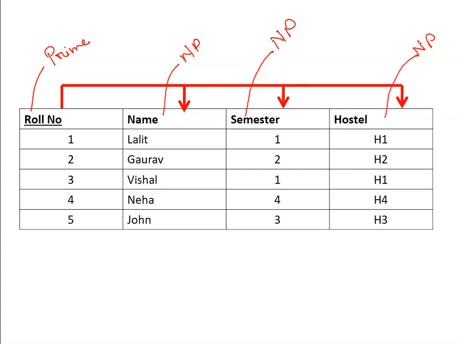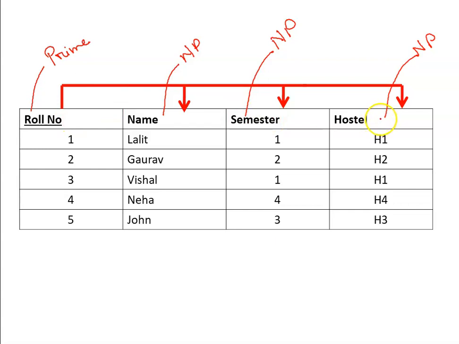And when I talk about transitive dependency with respect to third normal form, we are dealing with the non-prime attributes. So if you know the roll number, you know the name of the student. If you know the roll number, you know the semester of the student. If you know the roll number, you know the hostel of the student.